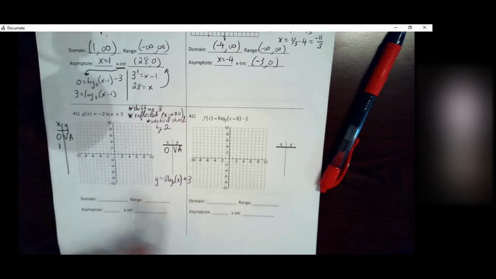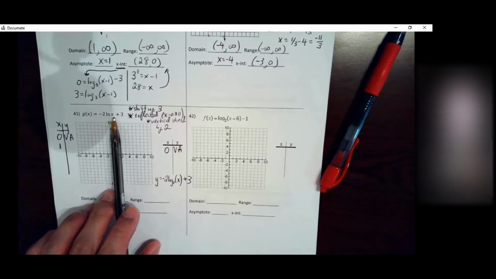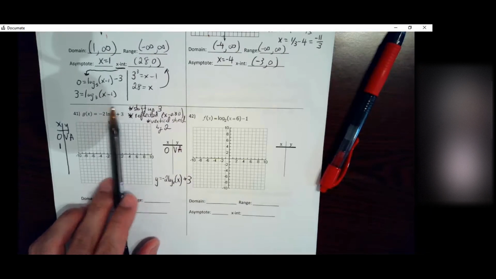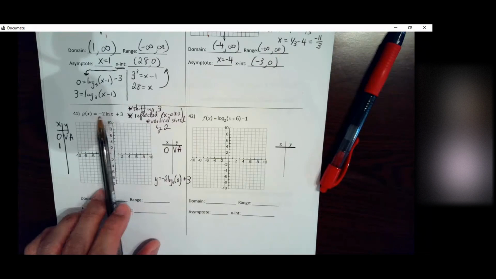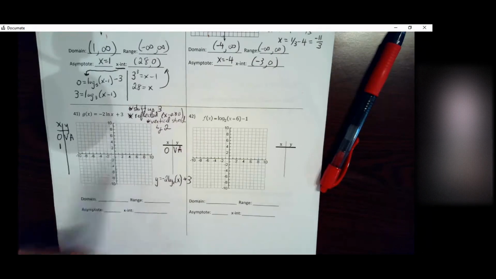Well, when x equals 1, the natural log of 1 is 0. But let's figure out the rest of these numbers. So 0 times -2 is 0. 0 plus 3 is 3.